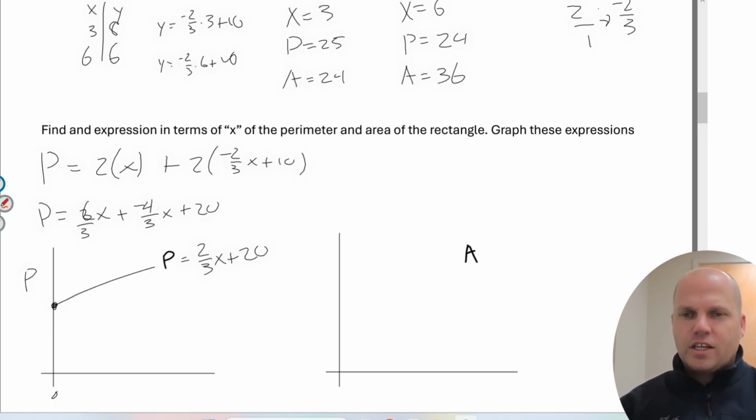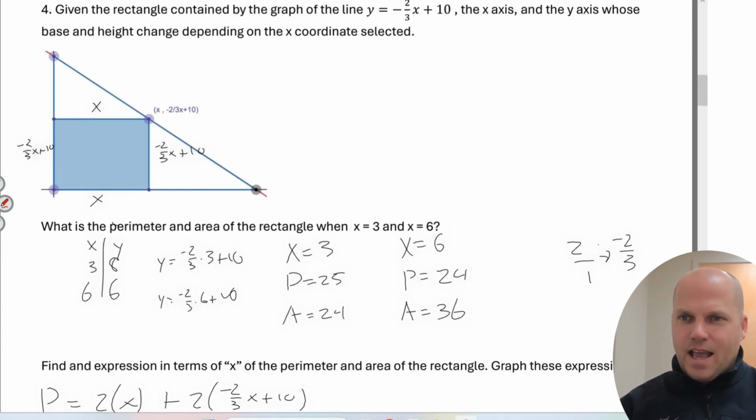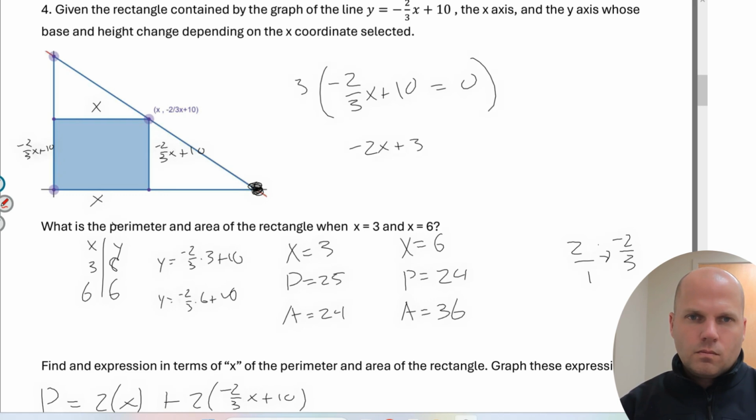My perimeter will then continue to increase until I get all the way to the end. We should realize that we're stopping when this equals 0. That's when we multiply everything by 3. That's when x is 15.